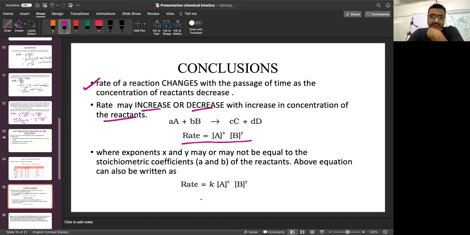These x and y are the exponents, and they are only and only experimental parameters. Suppose, what could be the value of x? Let us think. Suppose for any reaction, I found that on doubling the concentration of the reactant A, the rate of the reaction has become twice of the initial value. So what will be the value of x? Hello?